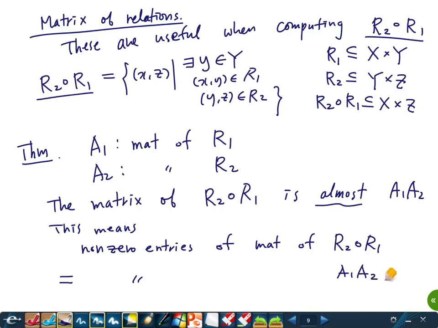This is what I mean by they are almost the same. They're not exactly the same because this matrix may have integers greater than 1, like 2 or 3. But if you only look at the positions of non-zero entries, then they are exactly the same.